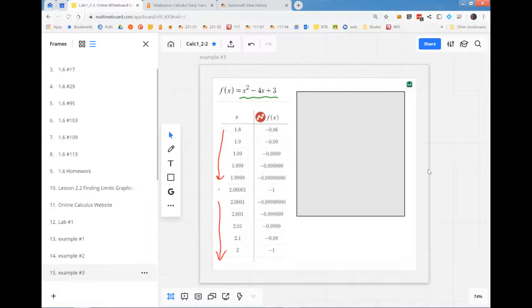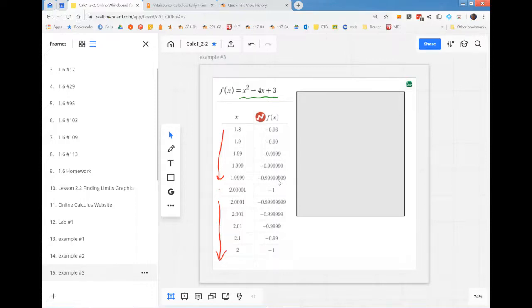Now here we have a rather normal looking polynomial, x squared minus 4x plus 3. As you can tell, I am trying to get x closer and closer to 2. You see how in the chart I picked 1.8, 1.9, and kept getting closer to 2. As I was getting closer to 2, what was f of x getting closer to?